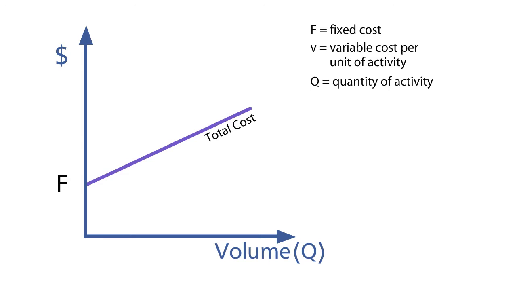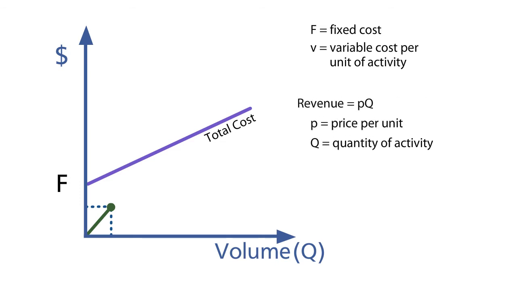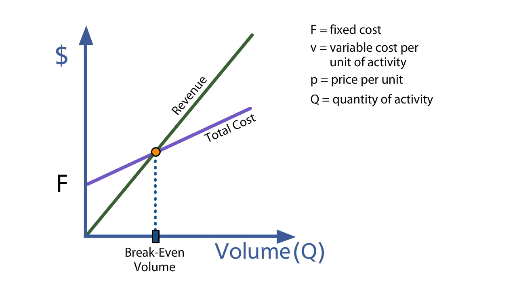Now remember, if we don't sell any units, we have no revenue, so that's going to start down in the origin, and every unit we sell gives us exactly the same amount of additional revenue. So our total revenue is going to be our price per unit, P, times the quantity, Q. Now, where these two lines cross, that's where we break even.